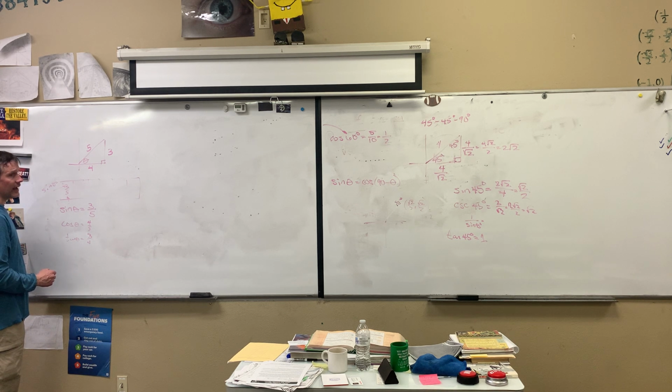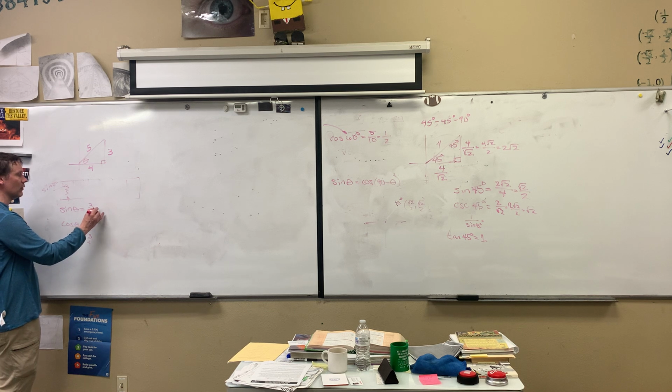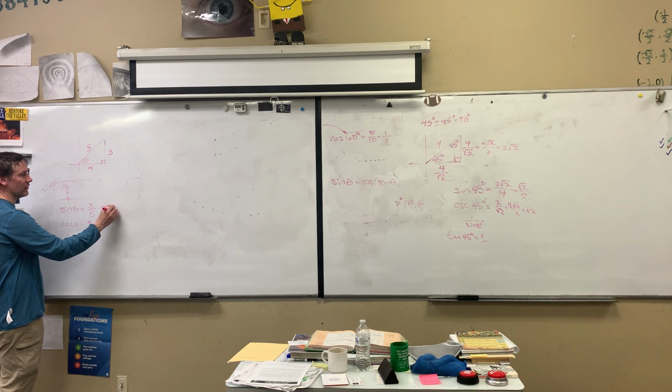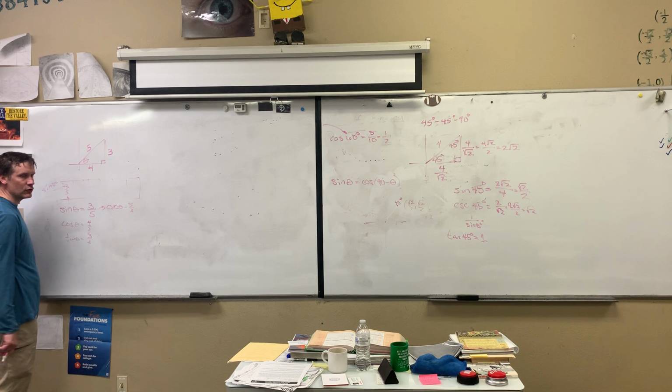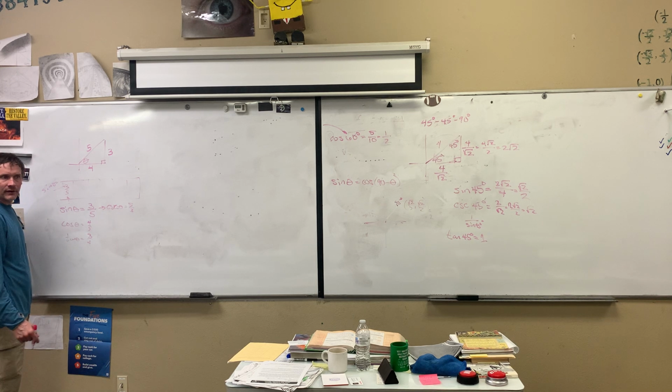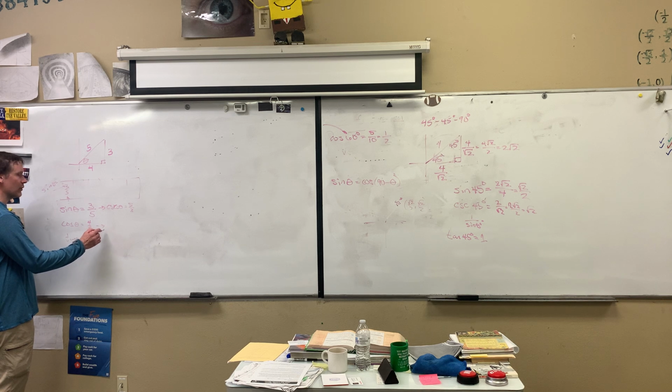You could have said sine, and then what's the reciprocal of sine? Cosecant theta. Cosecant theta is 5 over 3. Yeah, you bet. So you could have done that right away if you wanted to. And then what's the reciprocal of cosine called? Secant.